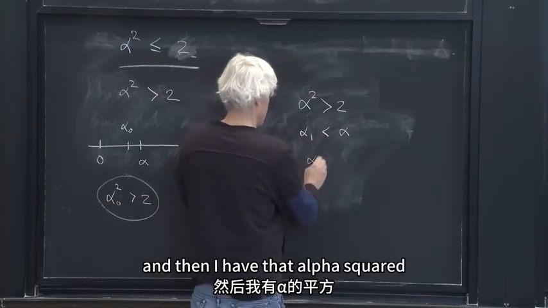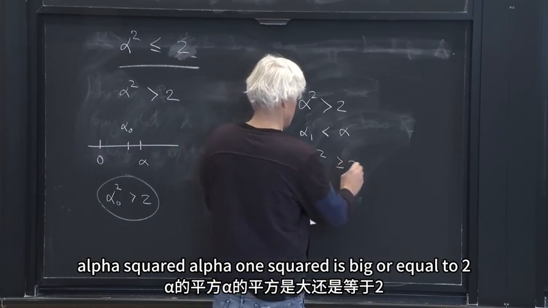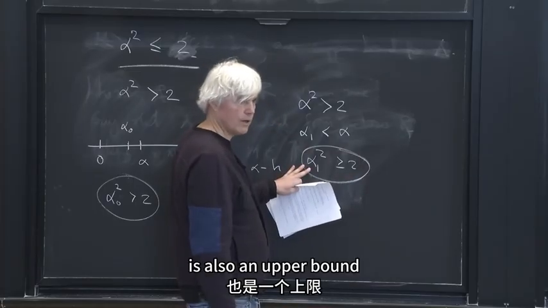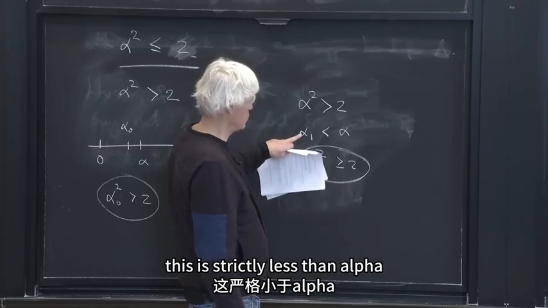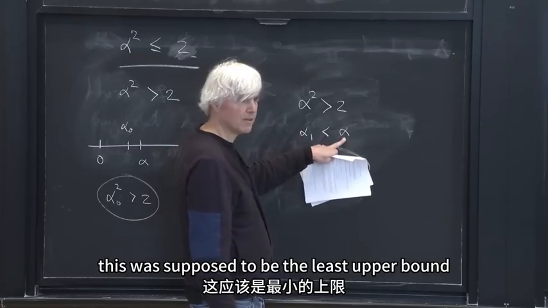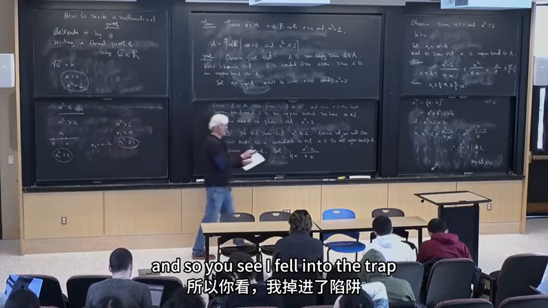And then I have that alpha 1 squared is bigger or equal to 2. This here means that alpha 1 is also an upper bound. This is strictly less than alpha. This was supposed to be the least upper bound. That's a contradiction, right?